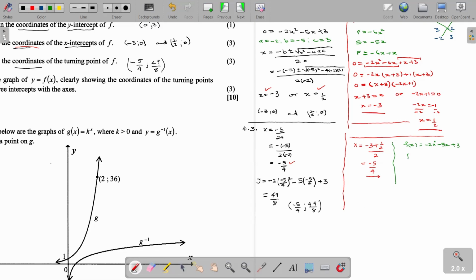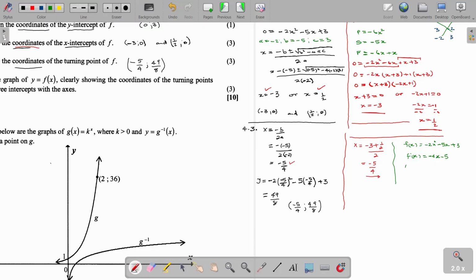Therefore, we get the first derivative. This will be equal to minus, we bring down the power, it multiplies by this coefficient, so it becomes minus 4x, because on the power we subtract 1, minus 5.